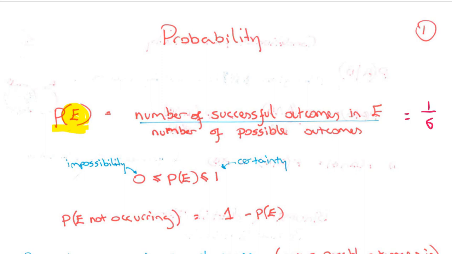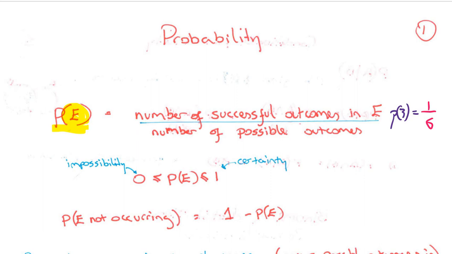And that's usually how we leave our probabilities, as fractions. So we could just say the probability of rolling a 3 is equal to 1/6.